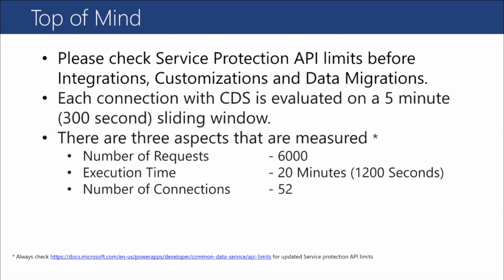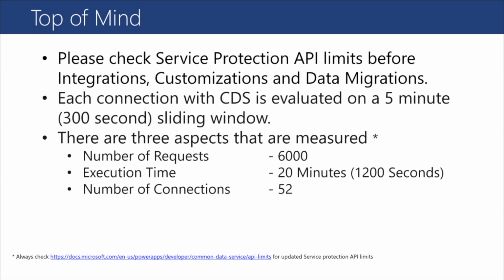So these are some of the numbers that we provided on a 5-minute sliding window that you should take care of. The service protection API limit specifically kicks in when you are doing a data migration, and sometimes you will get a lot of these 429 too many requests errors, or if you're using SOAP, the organization service fault error.